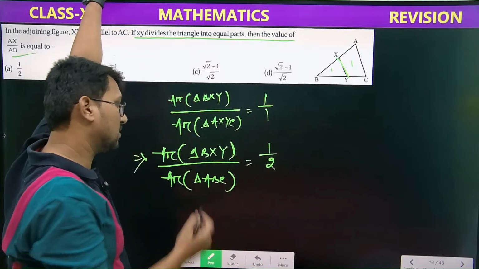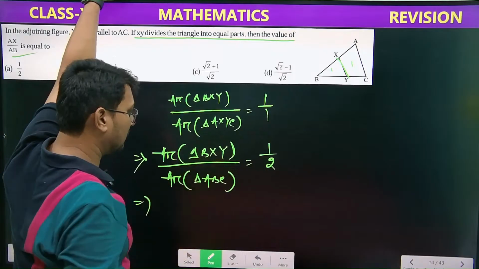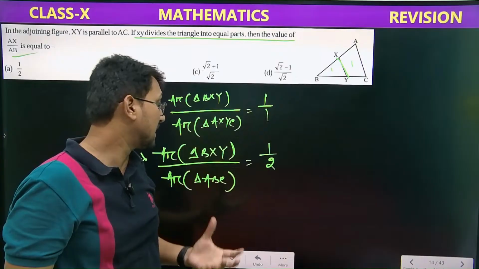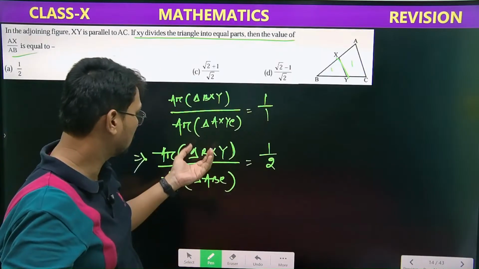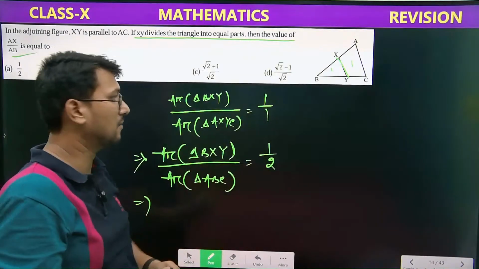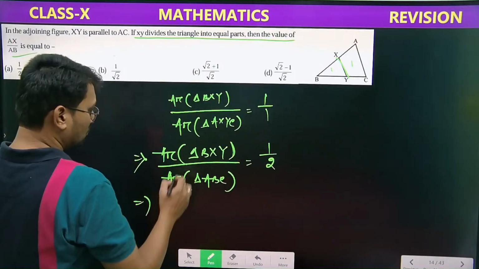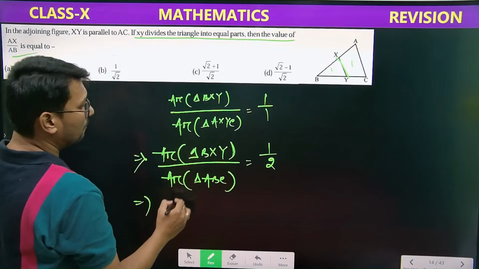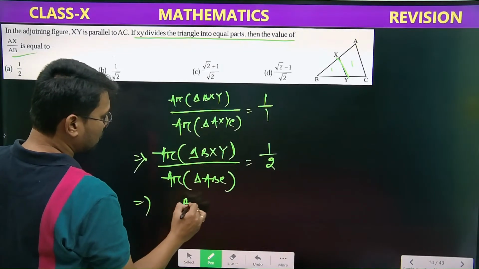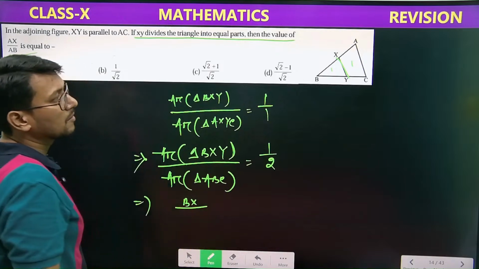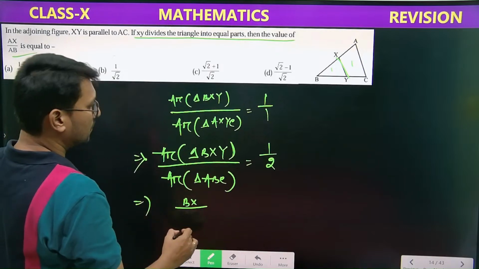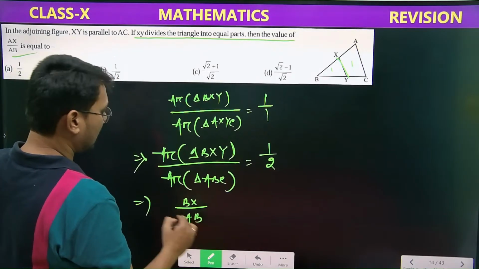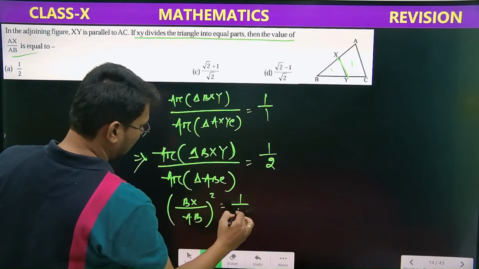Actually this theorem is not there now. If two triangles are similar, the ratio of their areas is equal to the square of the ratio of their sides. So we can write, these two triangles are similar, so BX by AB whole square equals 1 by 2.